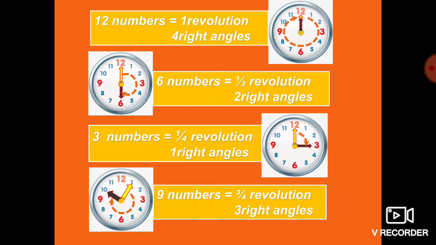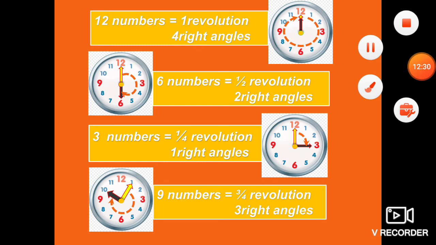Not from 12, 11, 10. 1, 2, 3, 4, 5, 6, 7, 8, 9, 10. 9 numbers. When 9 numbers come, 3 right angles and how many revolution? 3 by 4 revolution. When 3 right angles come, 3 by 4 revolution. These 4 points you study very well. Then only you can answer the next questions.